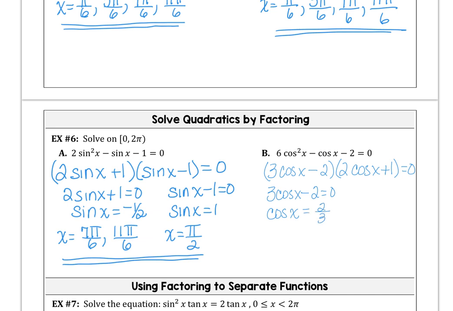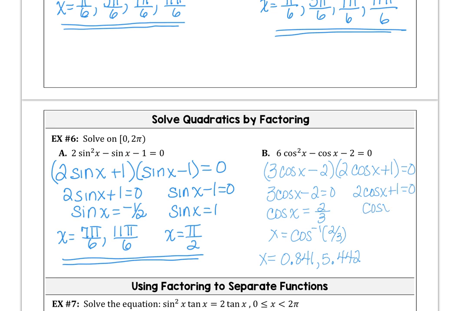So to find that with my calculator, I would find x using the inverse function, 2/3, and that would give me 2 different times, 0.841 or 5.442 radians.